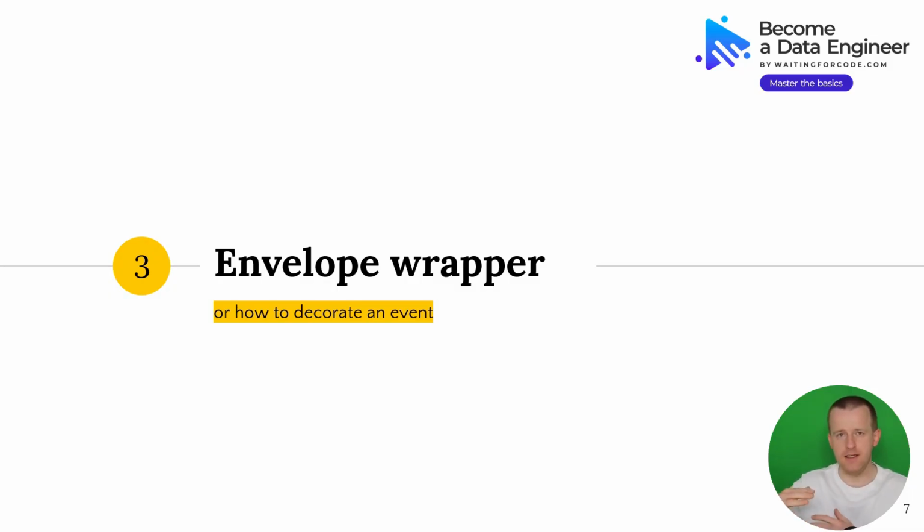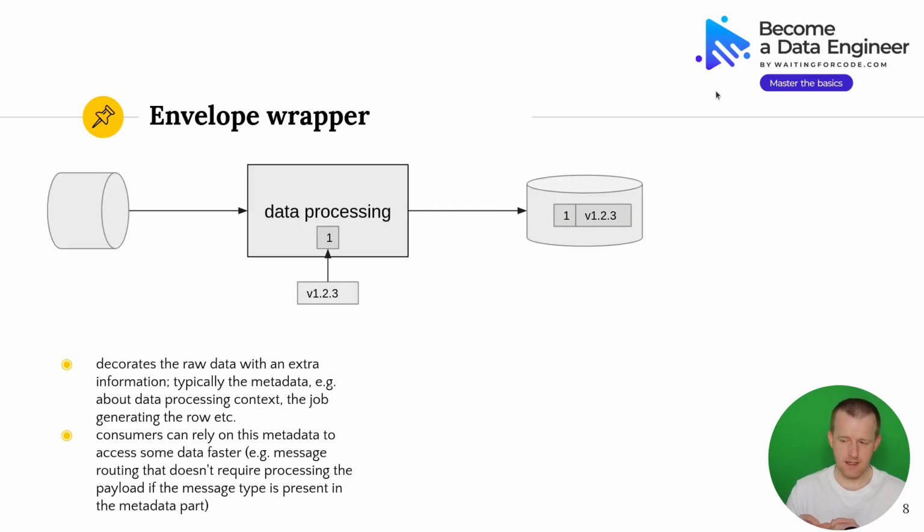So we divided the event into data and metadata parts and sent it to our Kafka topic. So here the idea is exactly the same as in this metadata lesson. We can add some extra information, like for example the data processing context, whether the data comes from backfilling or from real time, or maybe what was the job version that generated a given row.